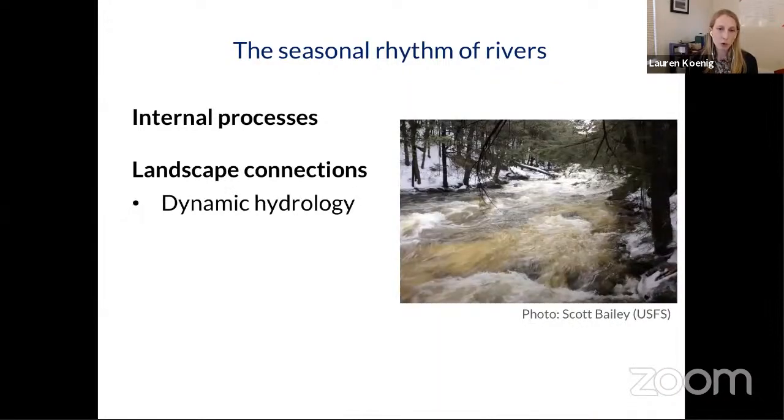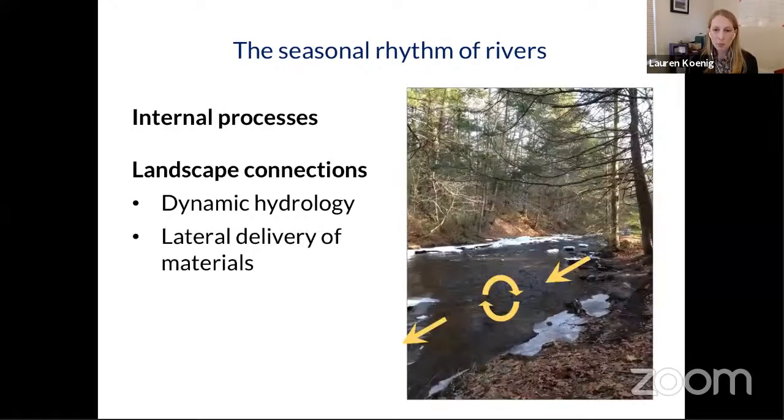For example, water flow determines the dynamic connectivity between streams and their catchments. And as a result of this connectivity, lateral fluxes or delivery of nutrient and energetic subsidies are highly important. And so streams are very open ecosystems.